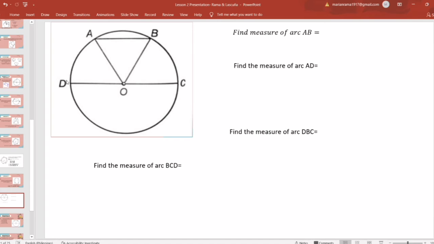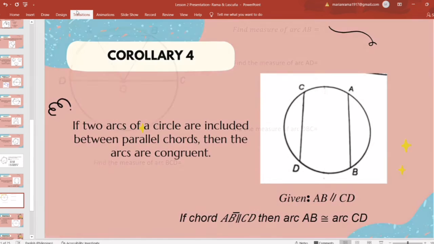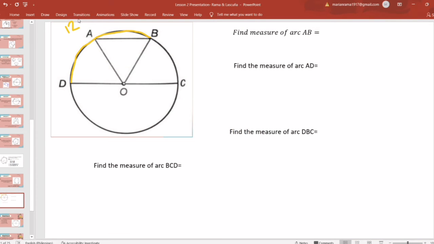So as you can see, we have arc DB here, which is equal to 120. Then find the measure of arc AB.